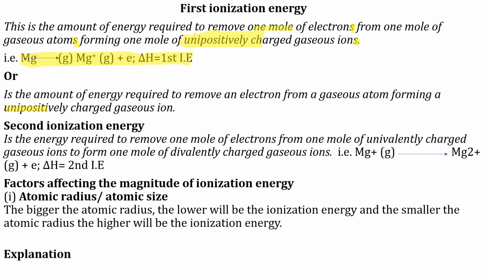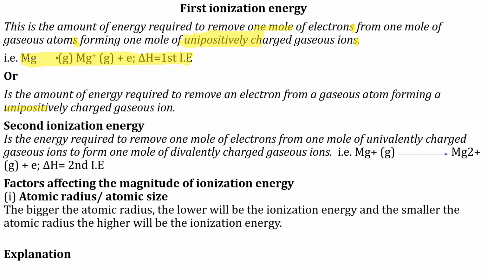So let's look at the second ionization energy. These things are progressive, implying that after the first ionization energy, we go to the second, but it's still going to be energy required, because to remove an electron, we always require energy.